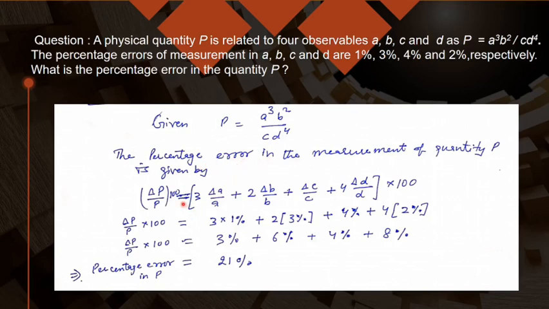So I multiply by 100 on both sides, left hand side as well as right hand side. Then I am able to write the percentage error.